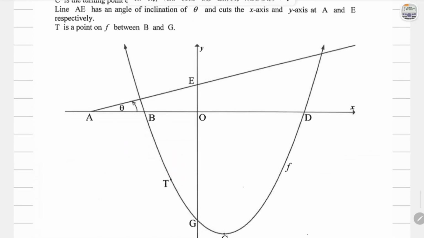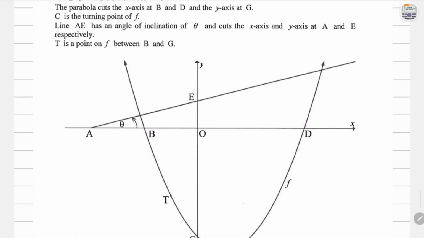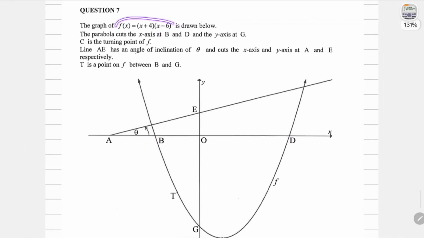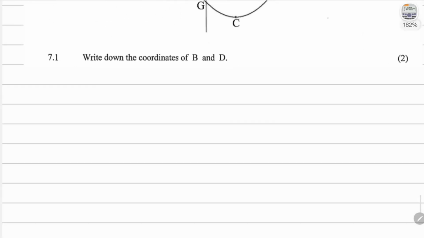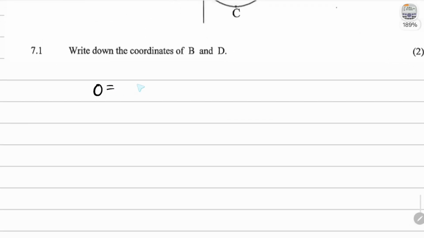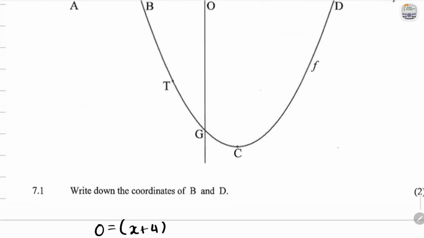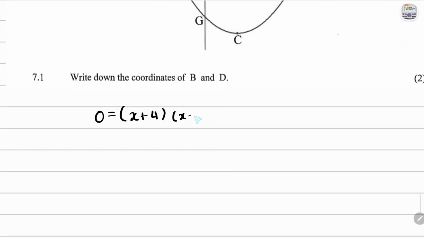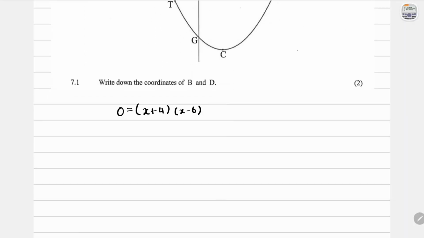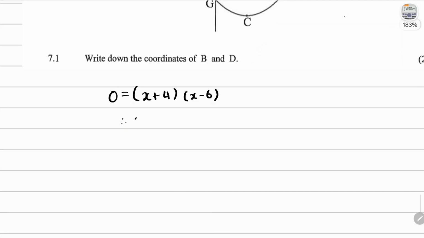Okay, so we can see that B and D are simply our x-intercepts. So this is where y in our parabola is equal to 0. We're just going to say 0 equals x plus 4 and x minus 6, and then we just solve for x. So this is where x is equal to negative 4 or x is equal to 6.